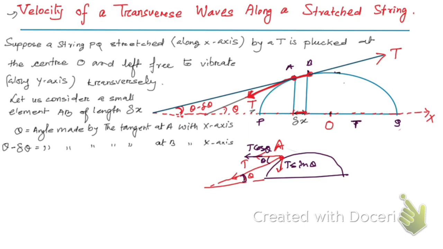So now, the component of the tension due to which this string tends to move towards the equilibrium position, to the original position, is the downward component, which is T sin theta.